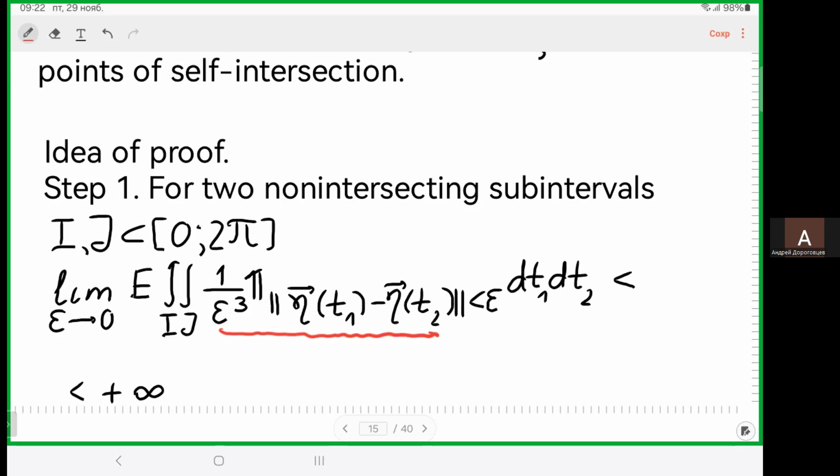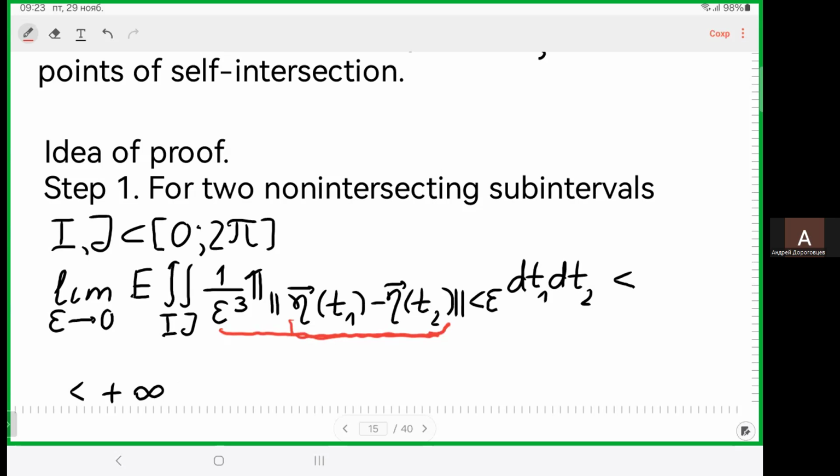And we already discussed that the expectation of the delta function of a random vector is just the density of this random vector in the space R3.